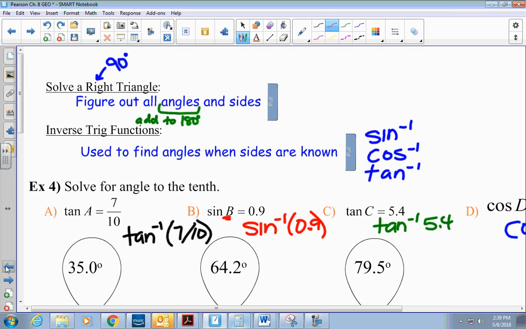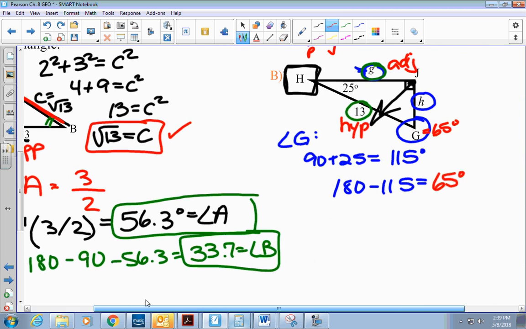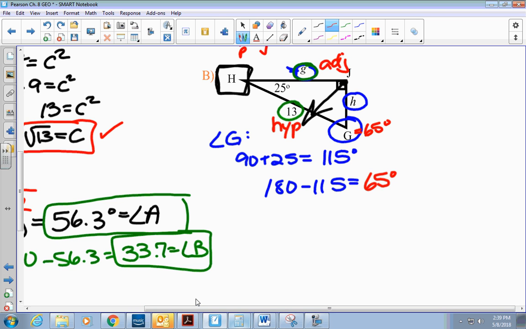Adjacent and hypotenuse. So, SOH, CAH, or TOA? Which one's adjacent and hypotenuse?